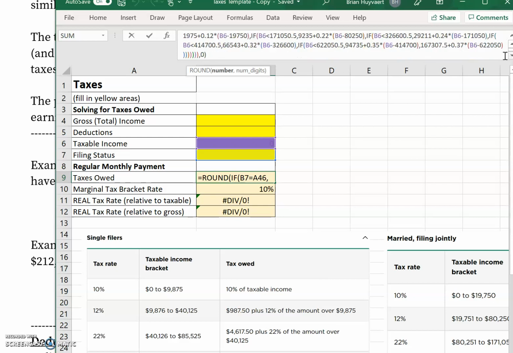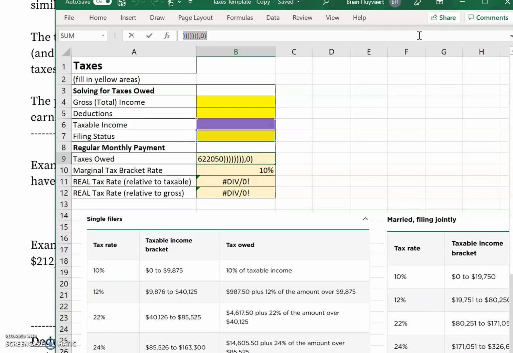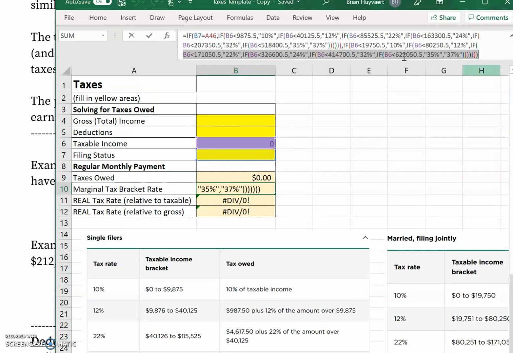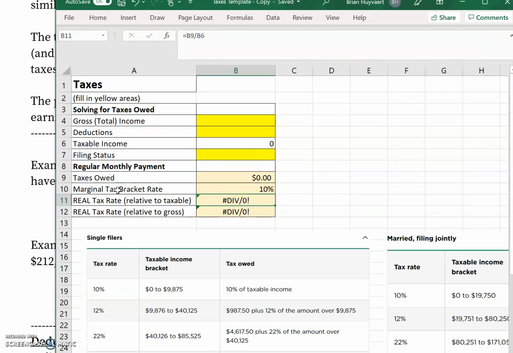I'll scroll down. This is what I had to input. So keep in mind that the templates are here to help you out, so you don't have to do all of this stuff. Same thing with the marginal tax bracket, a big set of if-then statements.